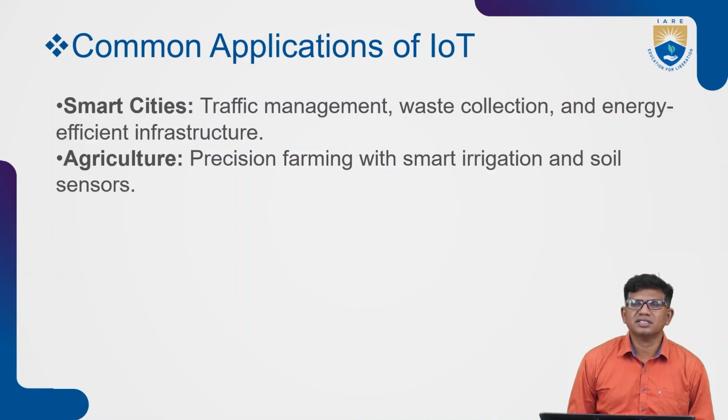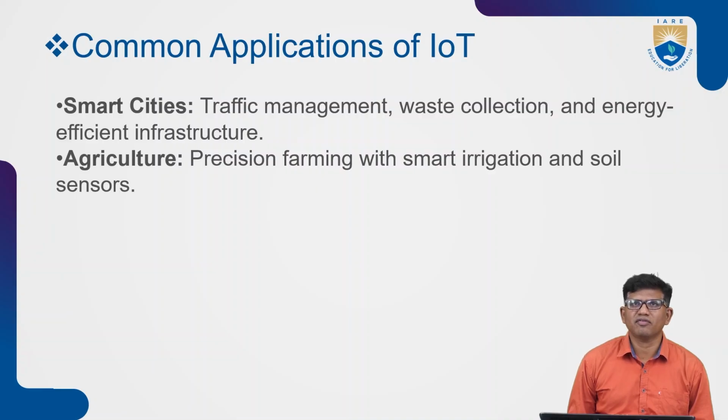For waste collection, we can find out how much waste is produced in a particular area using statistical analysis, and take proper initiatives. For energy efficient infrastructures, by using solar panels on roofs, roads, and parking areas, we can reduce the energy usage.